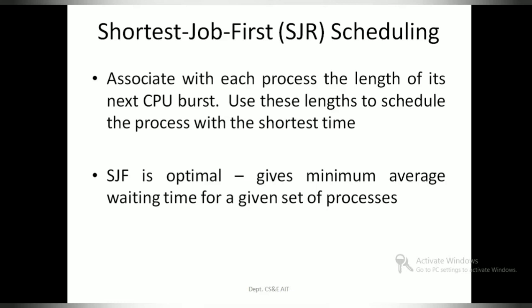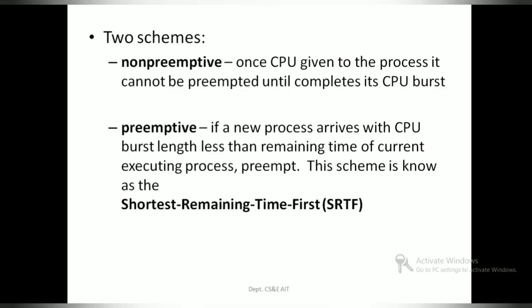When I talk about your FCFS, it is clearly a non-preemptive type of scheduling. What is it with SJFS? Is it preemptive or non-preemptive? We have both the versions. We have the non-preemptive version as well as we have the preemptive version.